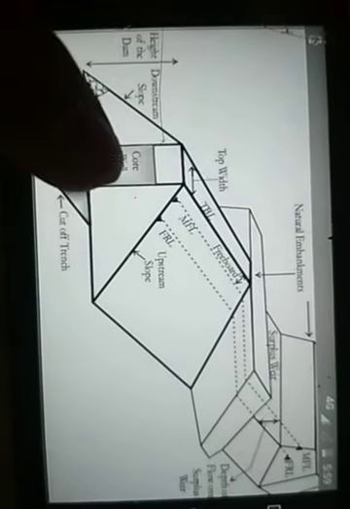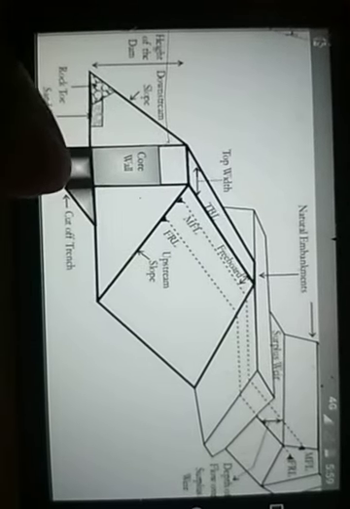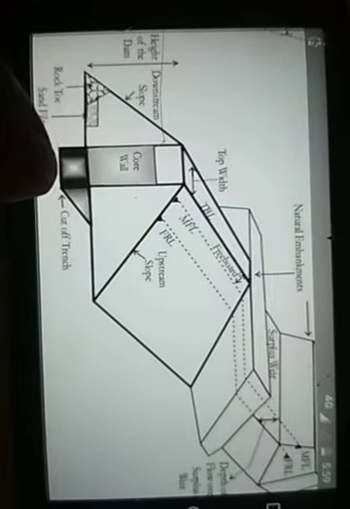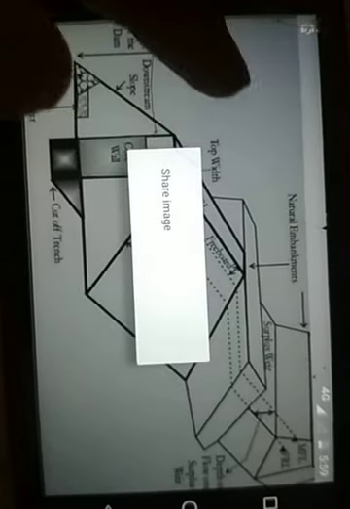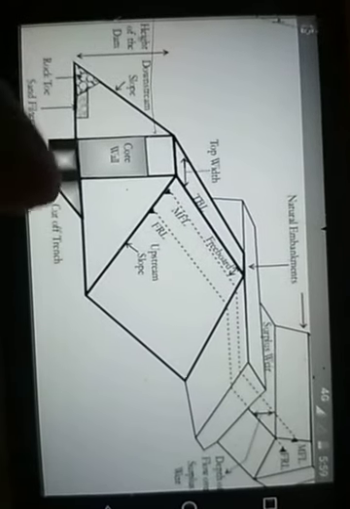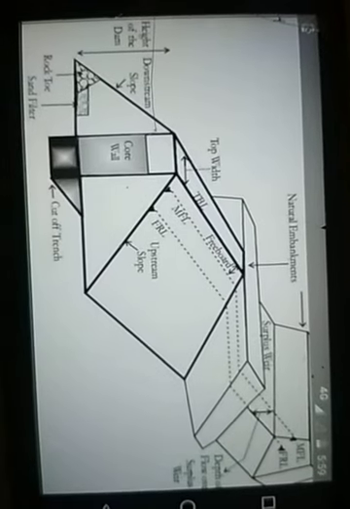So overall this portion, in which the foundation of this core wall will take place, is known as the cutoff trench or cutoff wall.